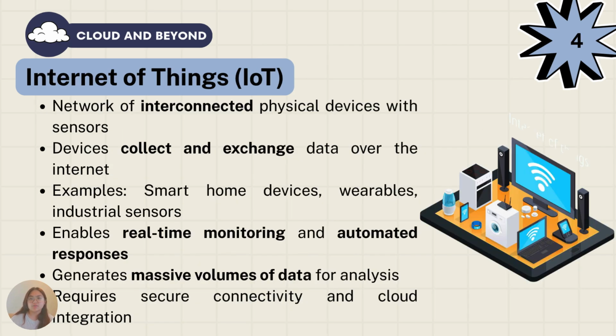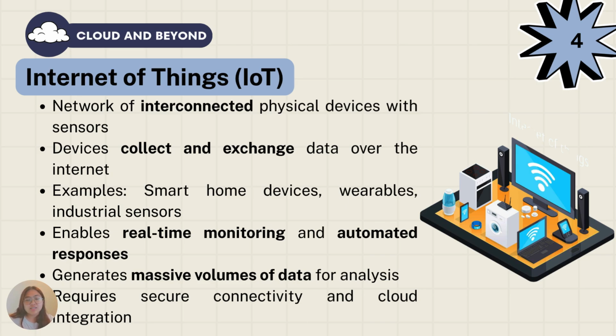Internet of Things. So instead of just computers and servers, we now have billions of physical devices embedded with sensors and connectivity. Think about your smart home devices like thermostats, security cameras, fitness trackers, smartwatches, and also sensors in factories and smart city infrastructure.